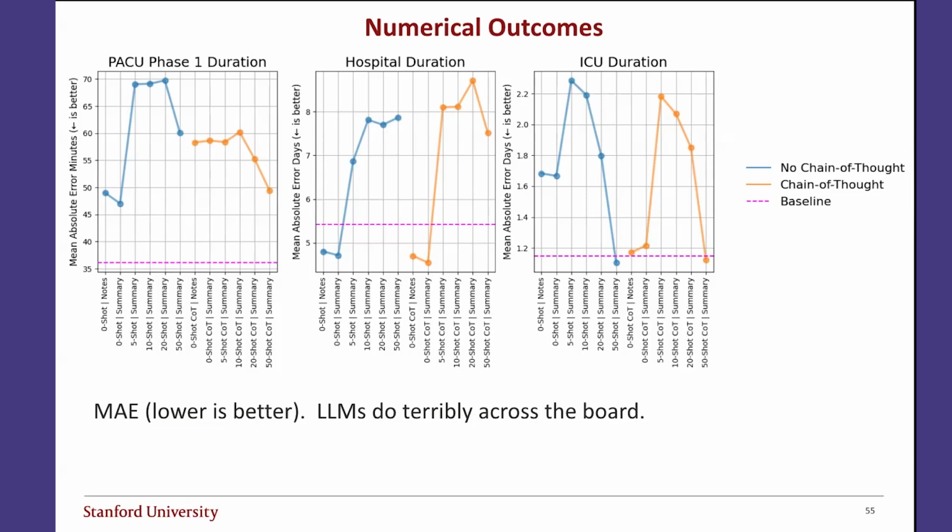So these are numerical outcomes that we ask the model to predict, and we measure their performance using mean absolute error. So in this case, you actually want a low error, and so a lower number is better. And you can see that if you compare the LLM performance against a random classifier, they do terribly. LLMs don't seem to be able to do these numerical outcome prediction tasks.